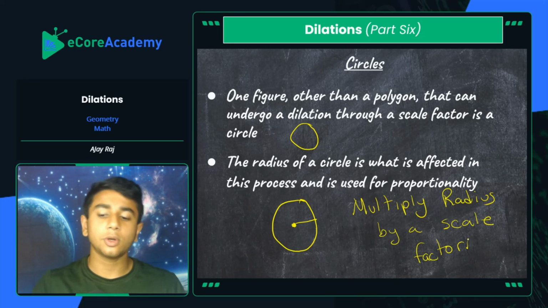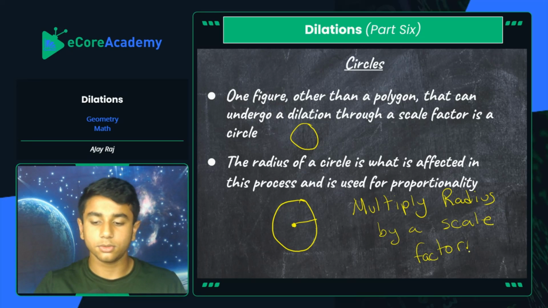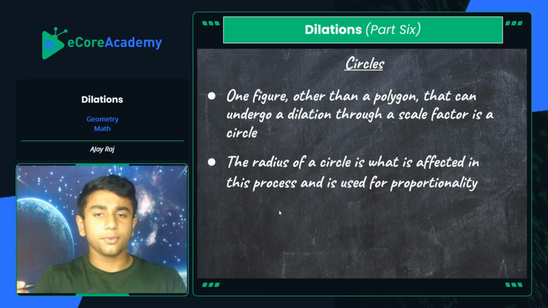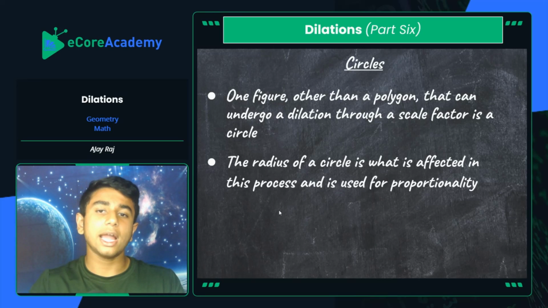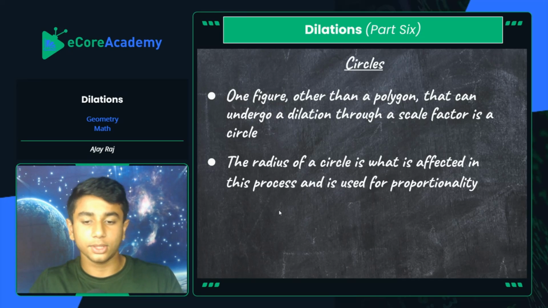One thing that I really want to put out there is a really interesting statement that I just figured out: all circles are going to be similar, and that can be proved directly through dilations, with the radius relationships between preimages and images. So I'm just going to write that out here.